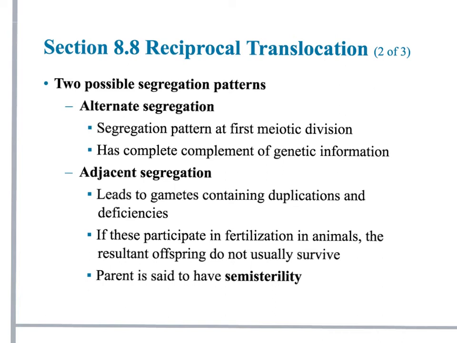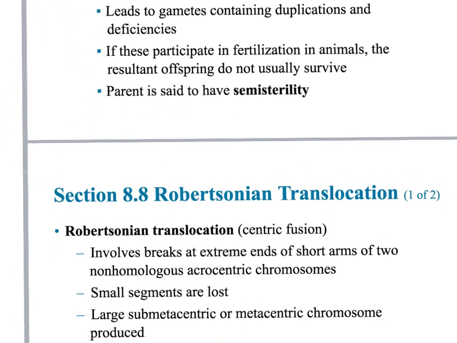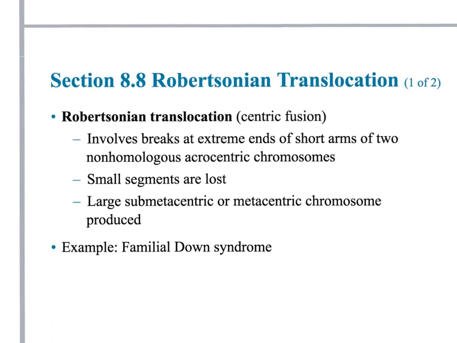And if they participate in fertilization in animals, the offspring usually don't survive. So the parent would be semi-sterile. Fully sterile means they don't conceive, but semi-sterile means they would conceive, but not carry to full term and end up losing the child.